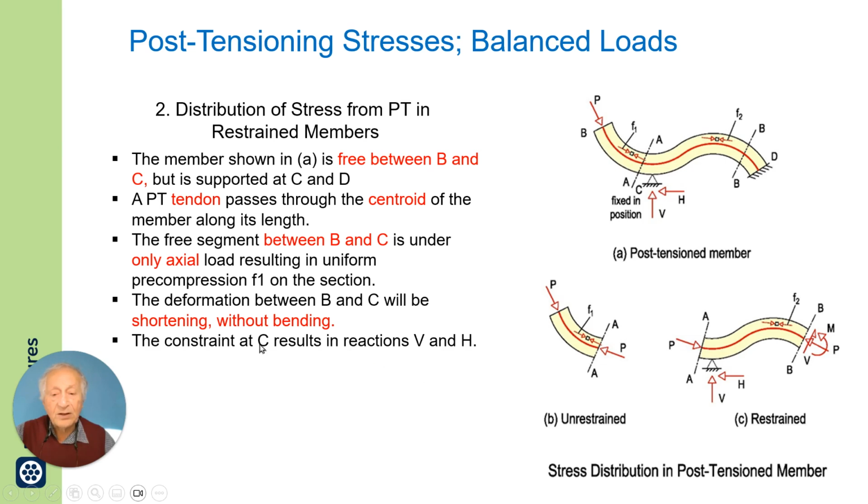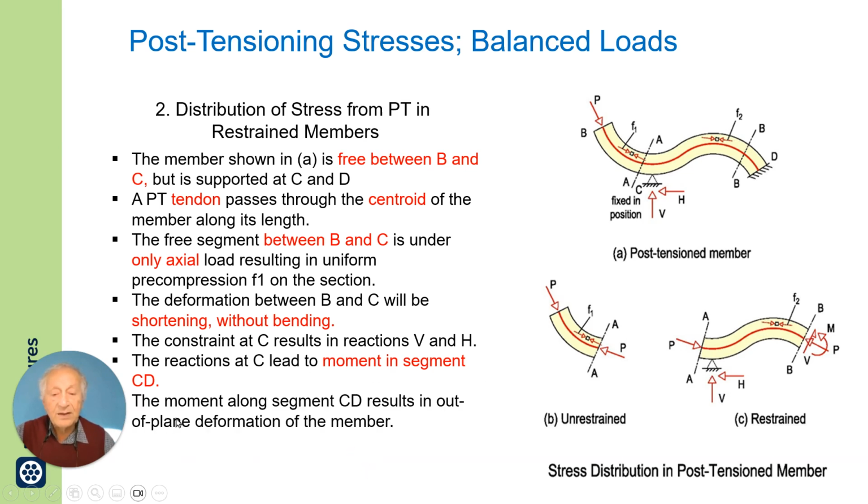Now, the constraint at C results in reactions V and H. The reactions at C lead to moment in segment CD. There will be bending moment here because of these reactions. The moment along CD will result in out of plane bending.